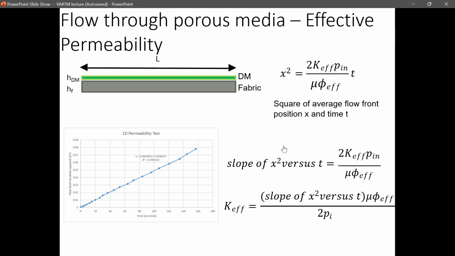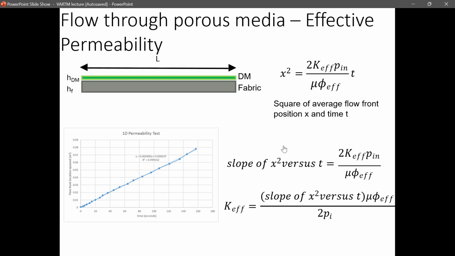Which means that you're going to have more than a couple data points. Let's say you have 10 data points. You can extract as many data points as you want, because you have recorded the video yourself, right? You're going to have a ruler beside it. Which means that you can calculate more than one effective permeability, which will let you do the statistical analysis on this. Any questions?